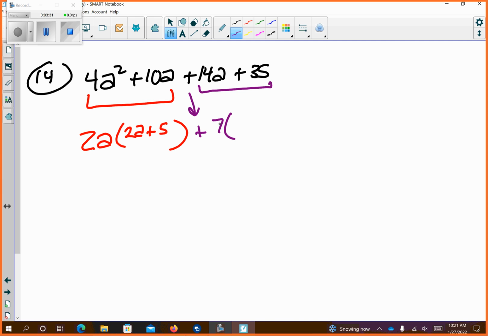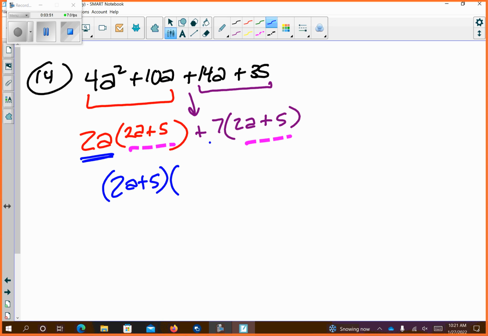All right, so if I factor a 7 out of 14a, I'm left with 2a plus, because this is a plus sign, I don't have to change anything. If I factor a 7 out of 35, that leaves me a 5. These are the same, which we want. So I have 2a plus 5, and then I have these left: 2a plus 7. Done.